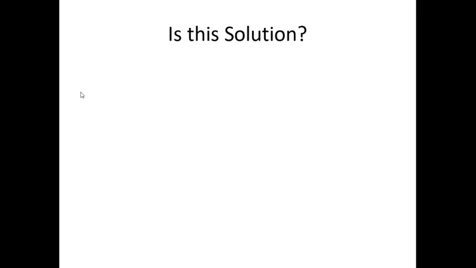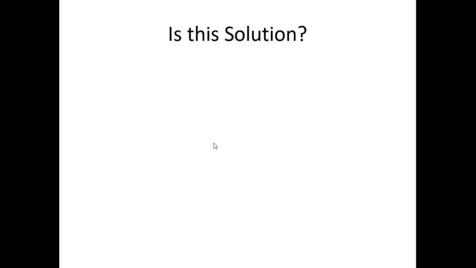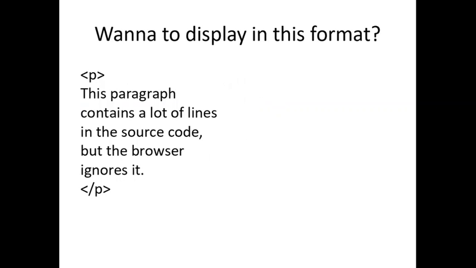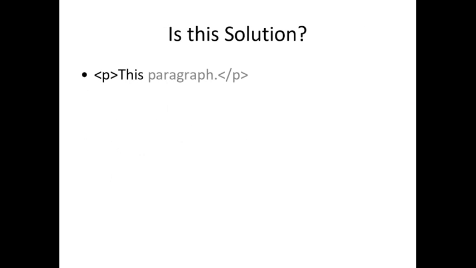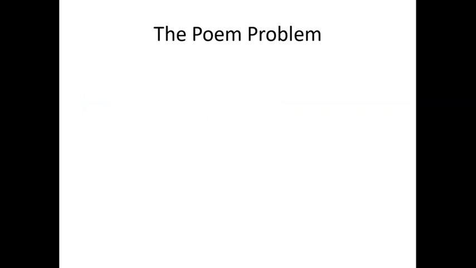Okay, we can do this using this format. For each line we will use the paragraph tag and place the content inside, then only will it look like the previous slide. But this is not a perfect solution. Okay, let's see another problem.